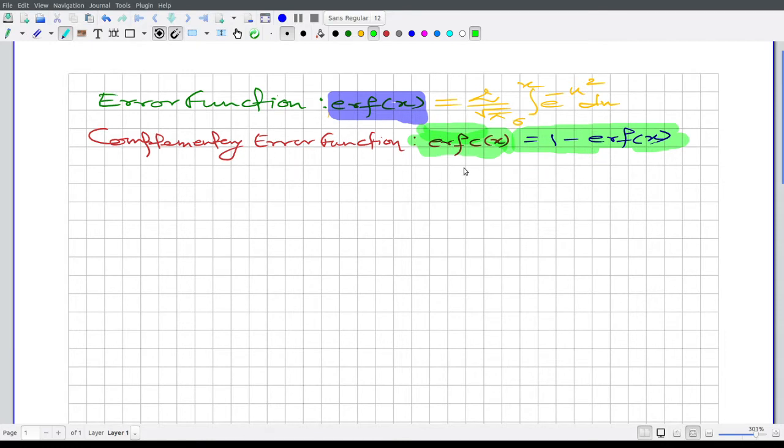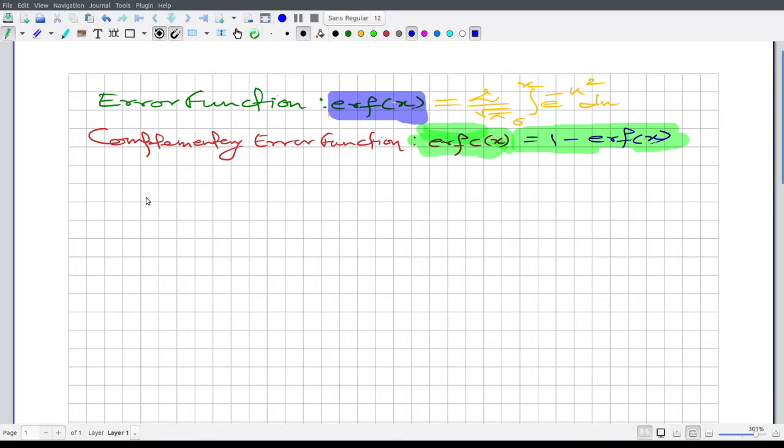So I will start with this complementary error function. How can the complementary error function be written in terms of integral form? How do we write the complementary error function in integral form?